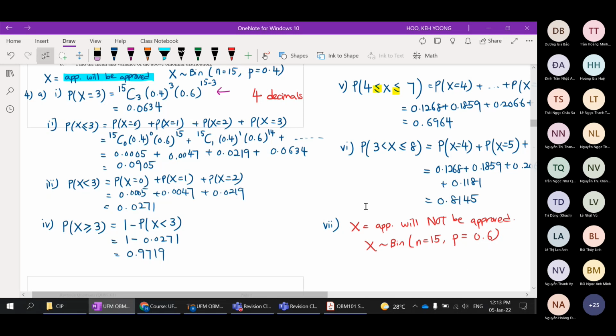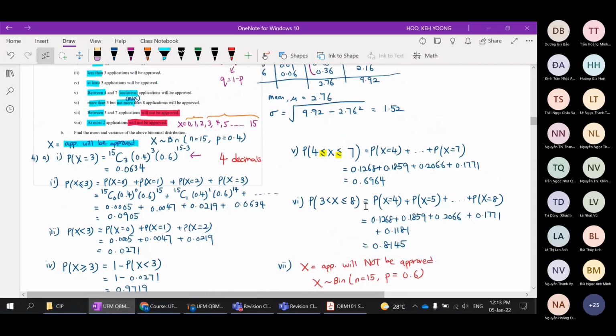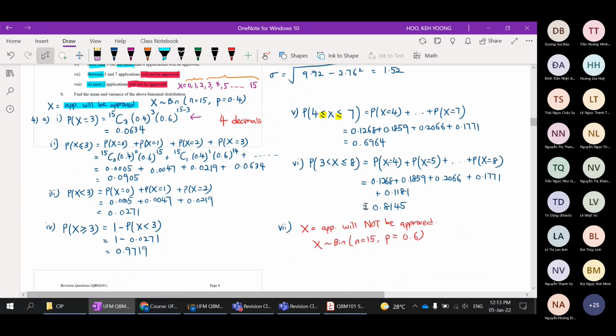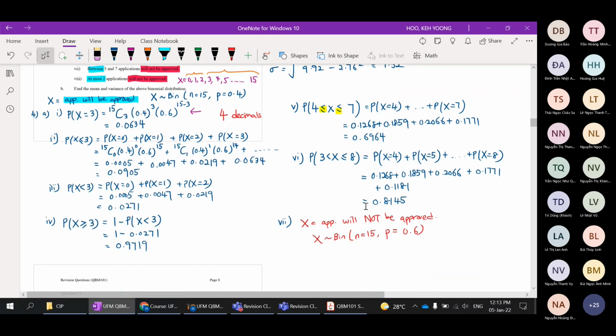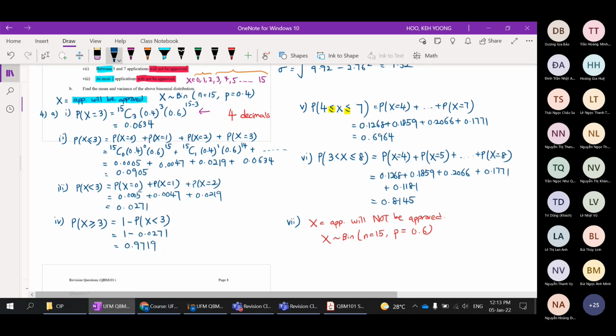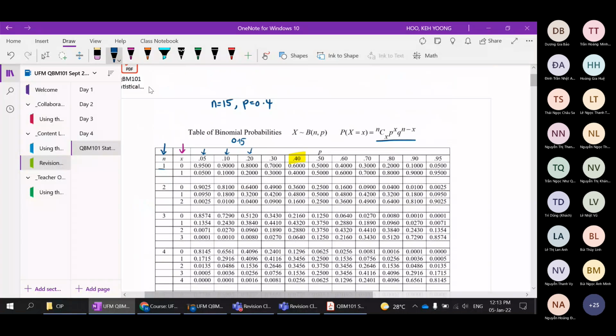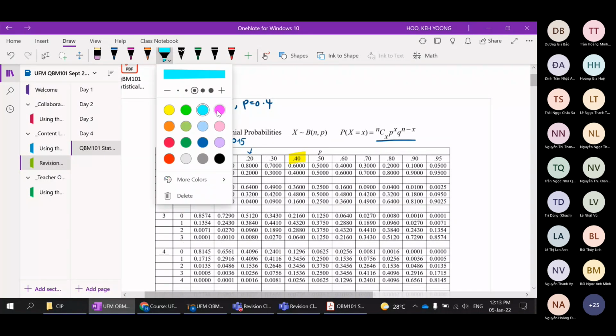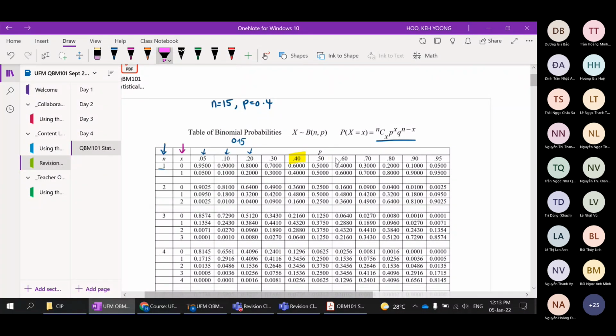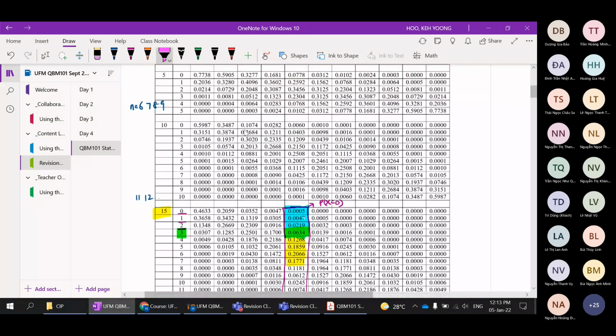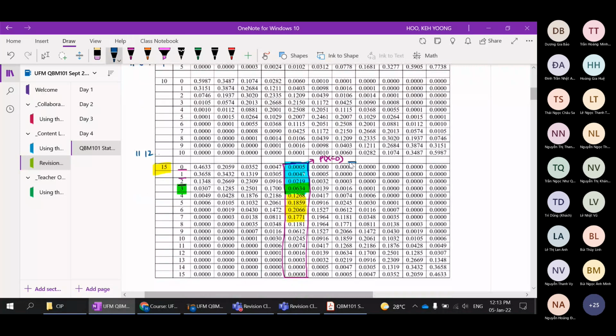Please read the questions in the exam carefully, whether it says approved or will not be approved, so make sure you use the correct P value. Instead of looking at P 0.4, you will look at P equals 0.6. You look at this column.